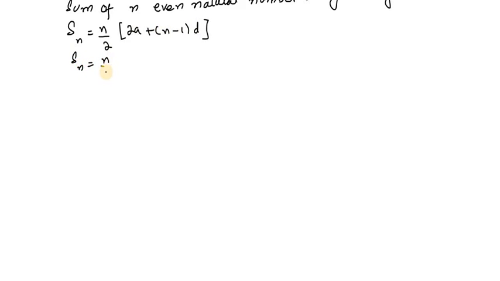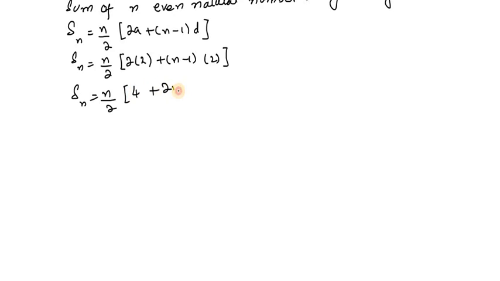So Sn is equal to n upon 2, 2a is 2 plus n minus 1 and d is also 2. Sn is equal to n upon 2, 4 plus 2n minus 2. So 2 plus 2n.